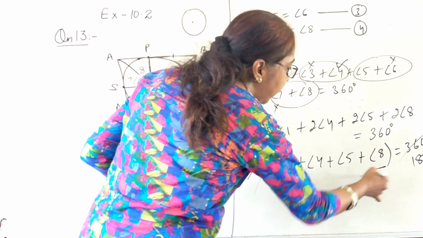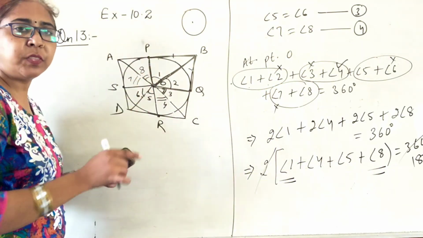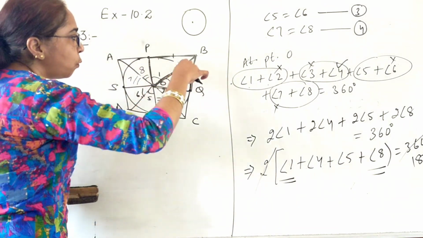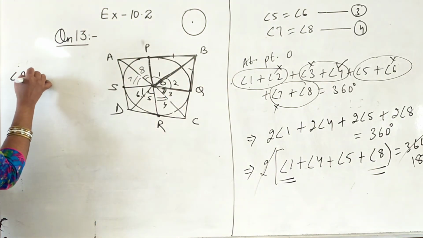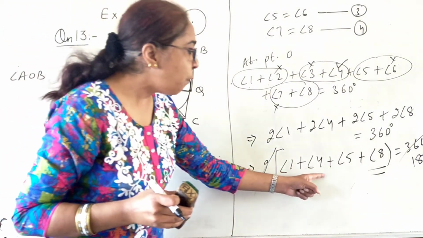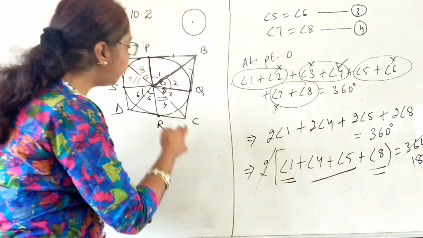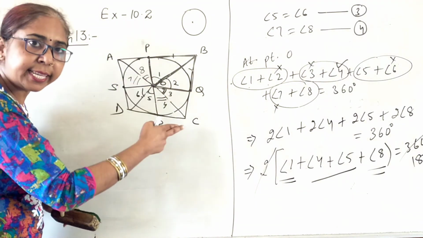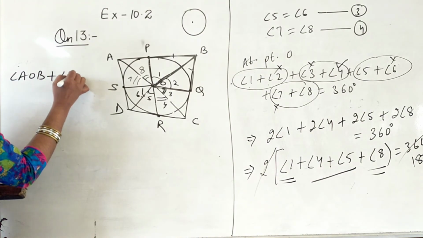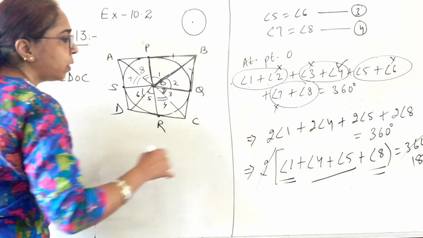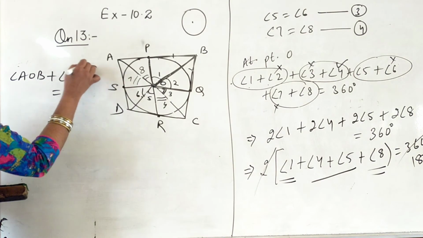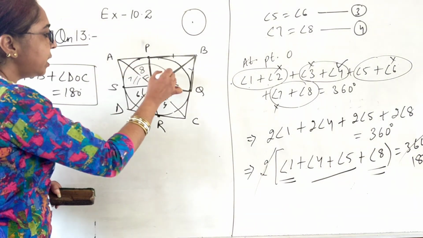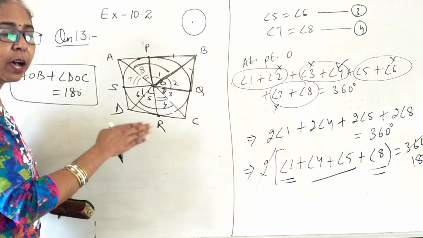Can you give me the name of this angle? 1 plus 8 is AOB, right? So angle AOB. And 4 plus 5, what about this angle from the figure? This will be DOC. Okay, so I will write here DOC, and which was equal to 180. So we have proved our first part. Okay, the sum of these two angles is now 180.